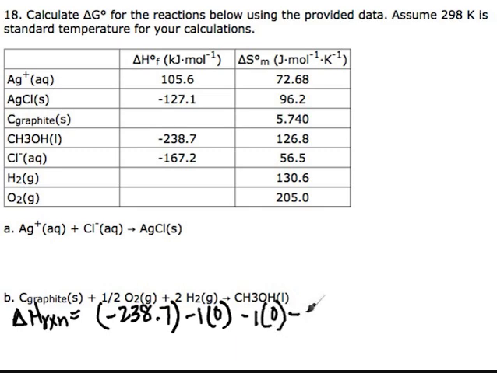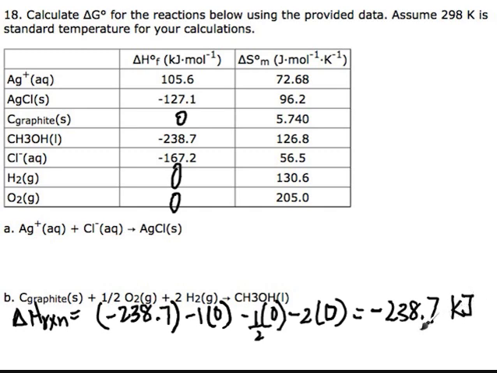Standard state of hydrogen is also 0. Right, the empty blanks mean 0, which makes sense. Okay, and so therefore the heat of reaction is minus 238.7 kilojoules. Okay, so this is what? An exothermic reaction. Delta H is negative.